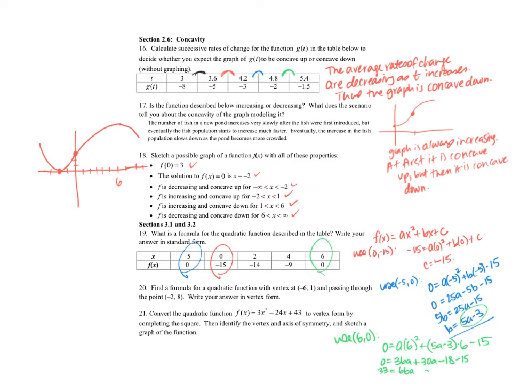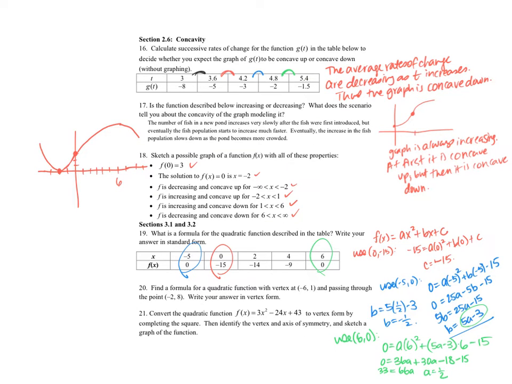So I can divide it. I get a is equal to 1/2, and then I can get b is equal to 5 times 1/2 minus 3. So I get negative 1/2.